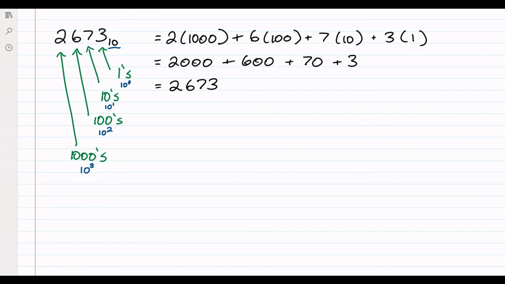So the place values are really just the base of the number system to a different exponent based on what column it is in.